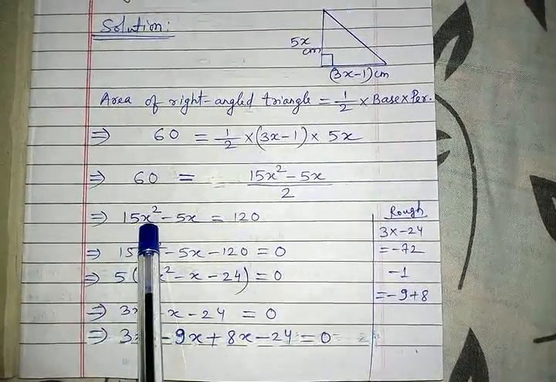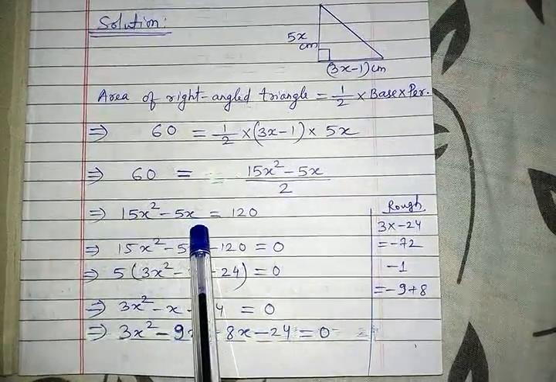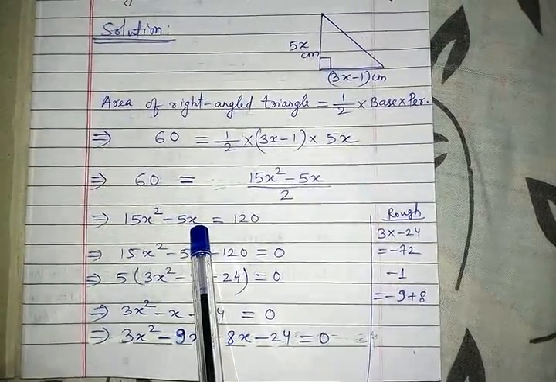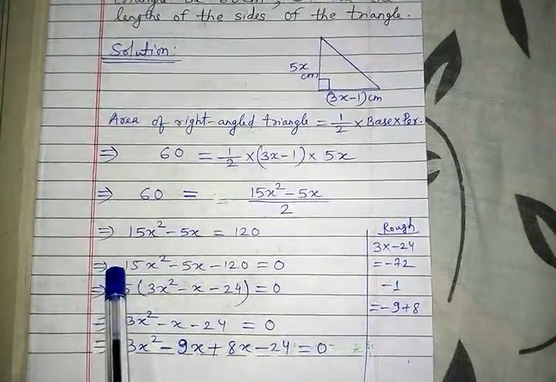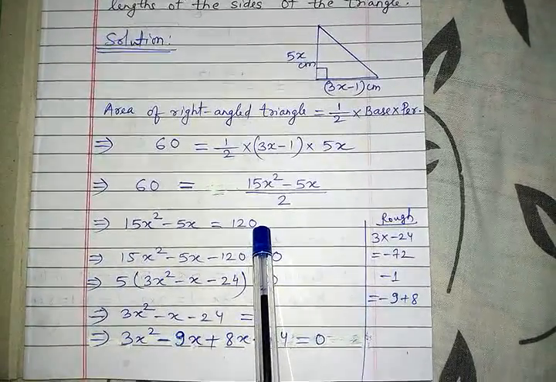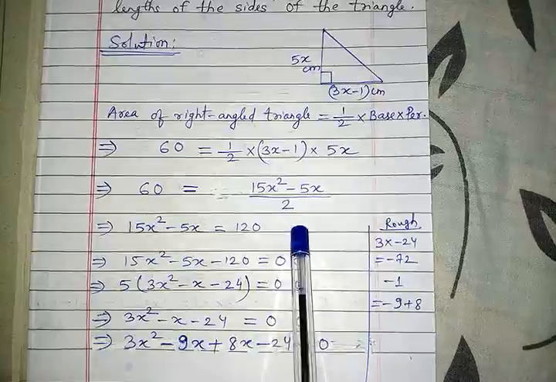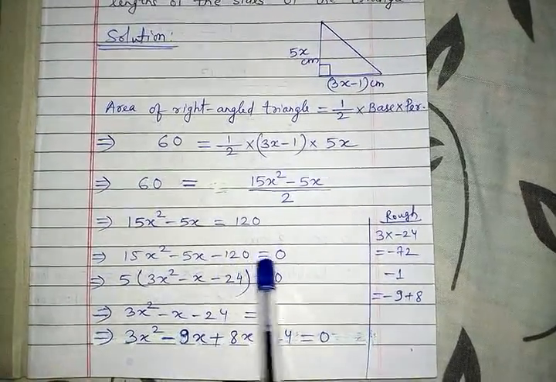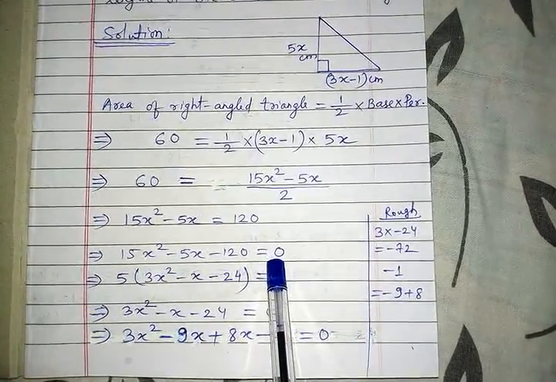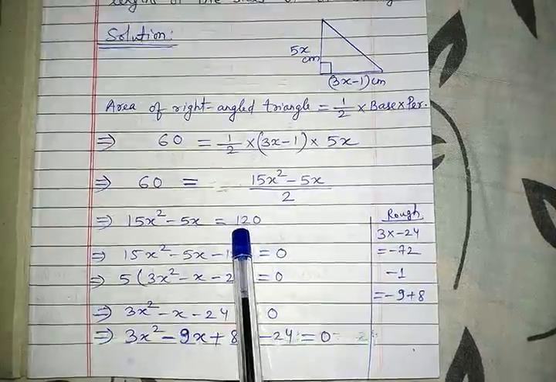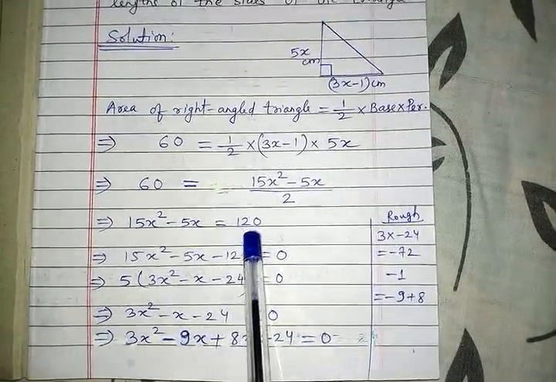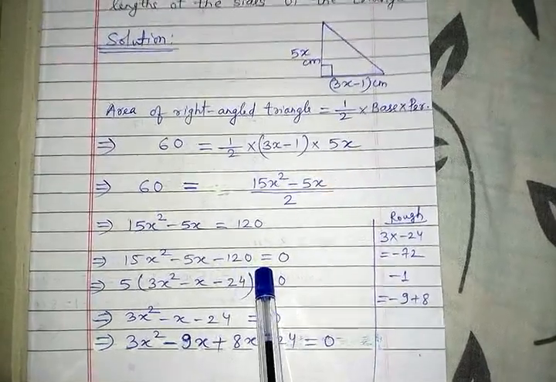As you can see here, we have x square as well as x. In such a case, to make it a quadratic equation, we bring this 120 from the right hand side to the left hand side and make the right hand side 0. After changing the side it became minus 120.